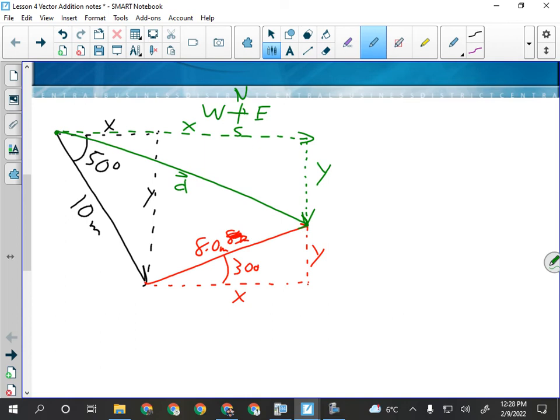If I want to calculate what my displacement is, not only do I need to know how long this line is, I also need to know what direction it's pointing. And if I'm going to know that, I need to know at least two things about that green triangle. I've got to know two sides, or a side and an angle.